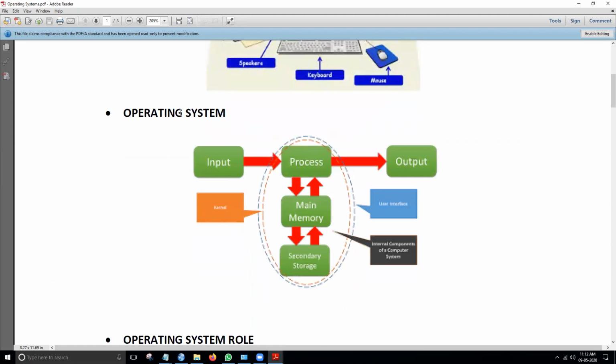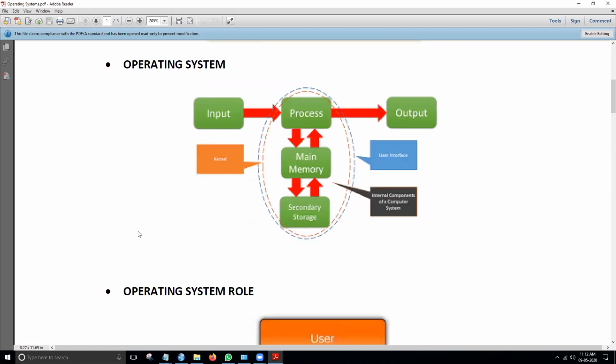That's why we need a system called an operating system. An operating system is basically system software, a general purpose software used to operate the computer hardware, and it provides the platform for running all the application software.